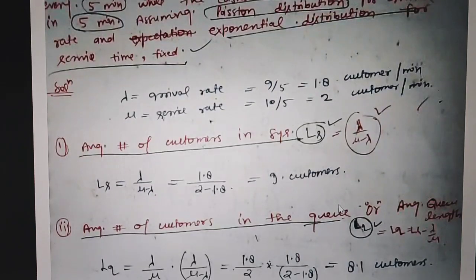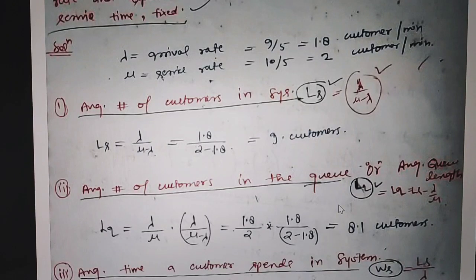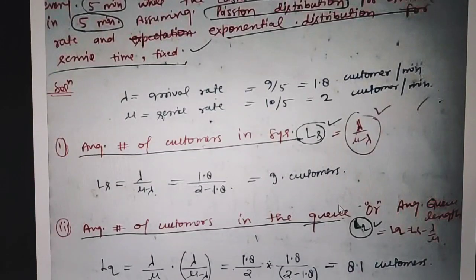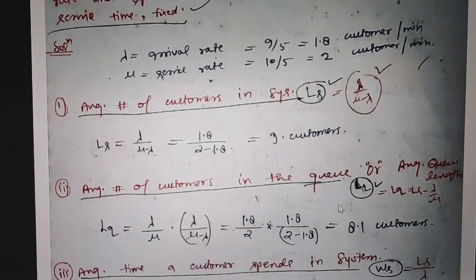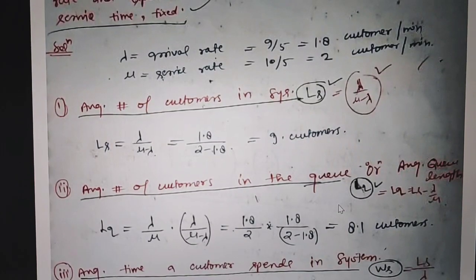Accordingly, we proceed to the average number of customers in the queue, or average queue length; the question says to find the Lq value. Lq is equal to Ls minus lambda by mu, or we can also write it in the lambda and mu form: Lq is equal to lambda upon mu multiplied by lambda upon mu minus lambda.